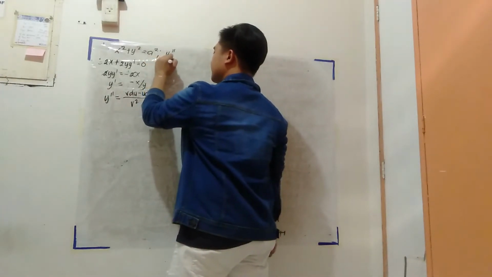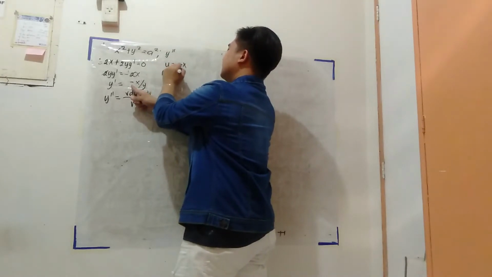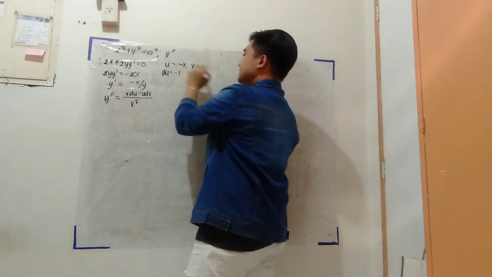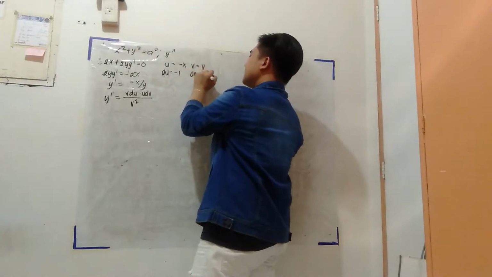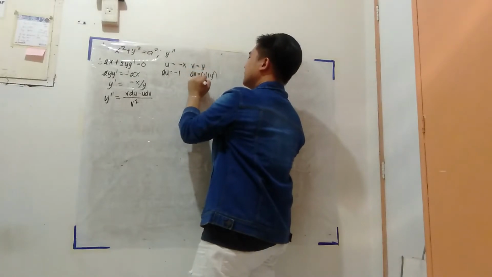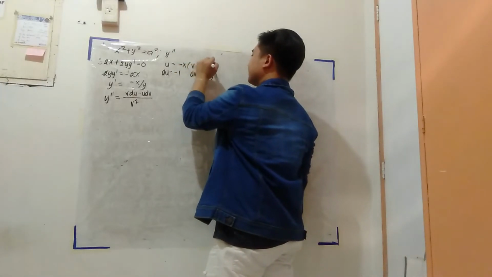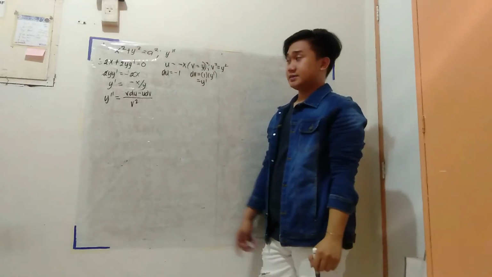So, your u is negative x. Du is negative 1. Your v is y. dv is 1 times y prime or simply y prime. And square ko siya, v squared is just equal to y squared.